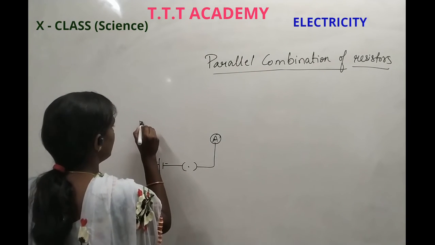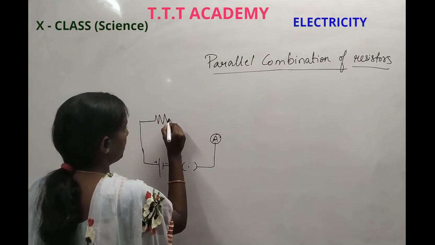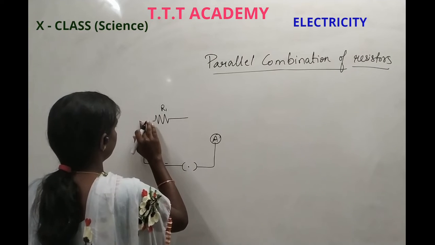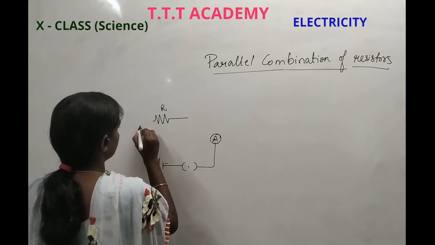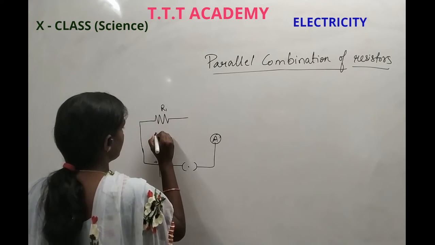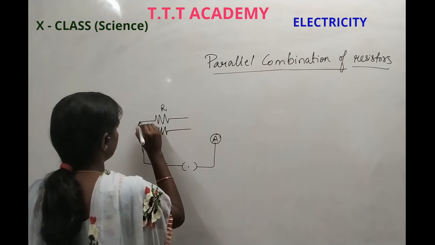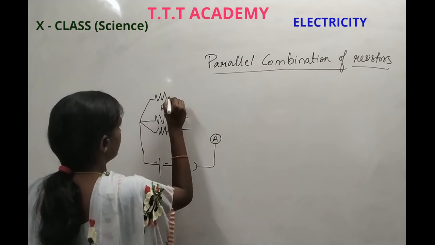Then this is one resistor, R1, and to that R1, we have another resistor R2, and here we have the R3 resistor.